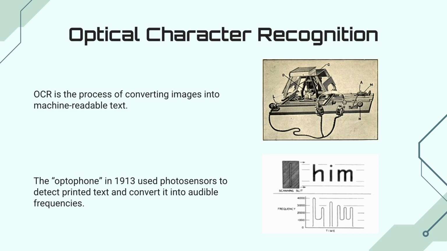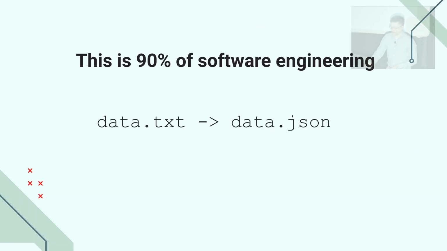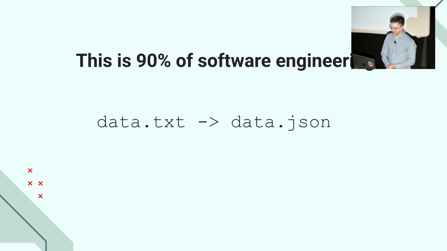So I would consider this kind of analog OCR. It's spitting out an analog thing, but it is still the act of turning something which is unstructured into something that is more structured that we can understand and comprehend. So another hot take: 90% of software engineering is just turning something that is unstructured into something that has structure in it.